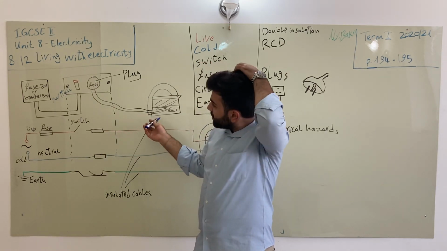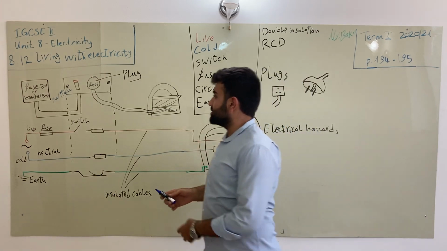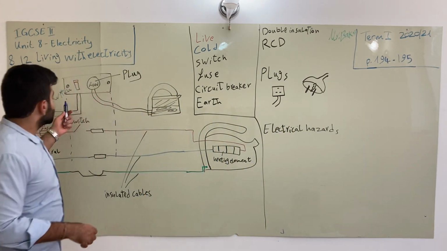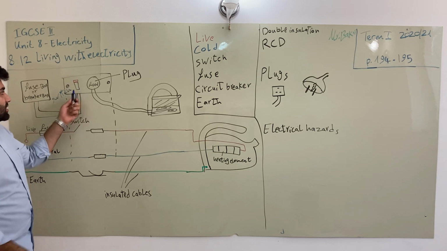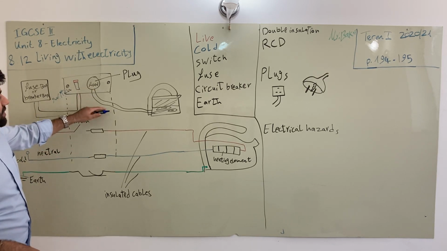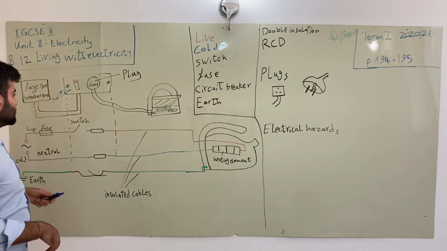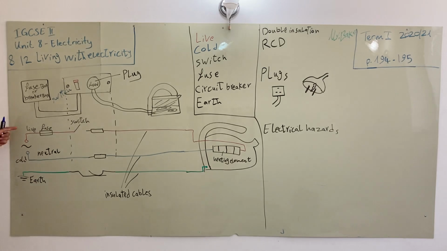So how does that work? For example, we have this kettle. You turn on the switch, you plug it in, and you find the heater will start to heat the water. Here it's the same. We can take from the fuse box or the breaker box 2 or 3 insulated cables, for sure.